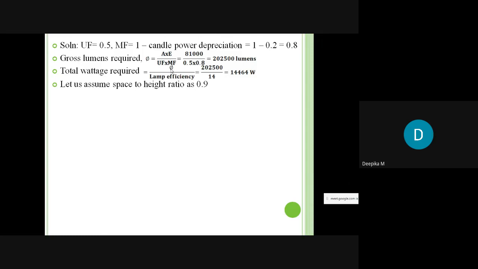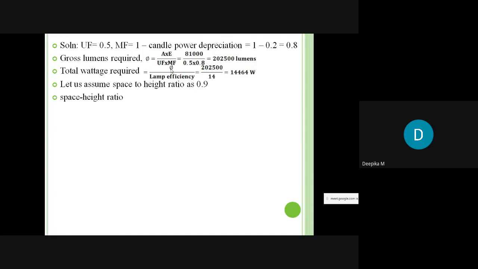Only these five values we are going to take. In the textbook also they have assumed the space to height ratio as 0.9. You can assume unity also, 1.1 also, 1.2 also, no problem. So you can assume any value between 0.9 to 1.3. So here we have assumed space to height ratio as 0.9.